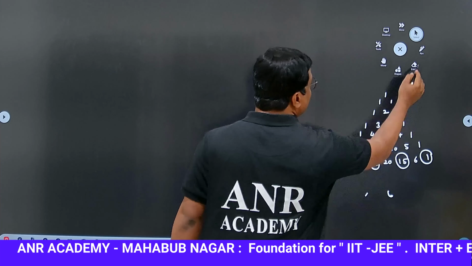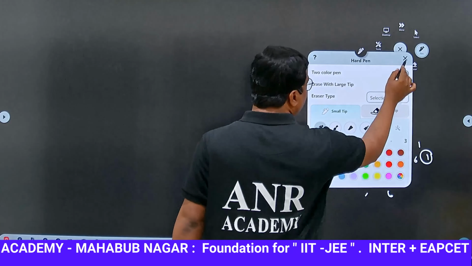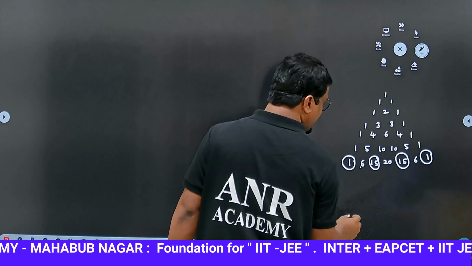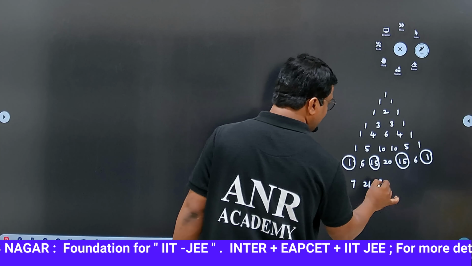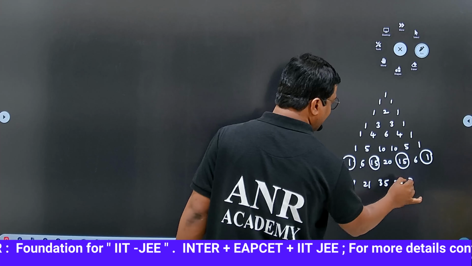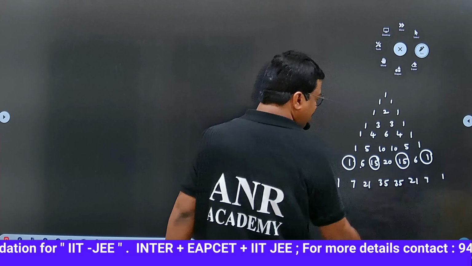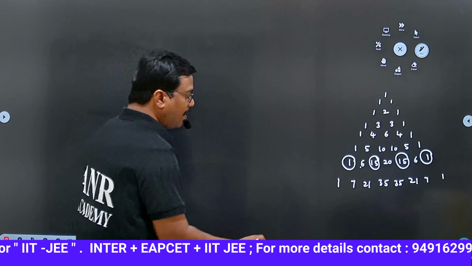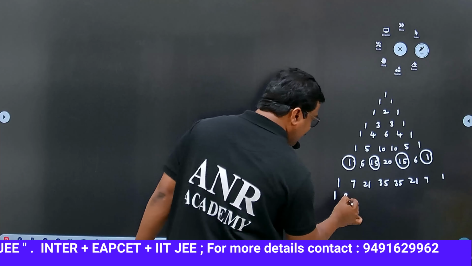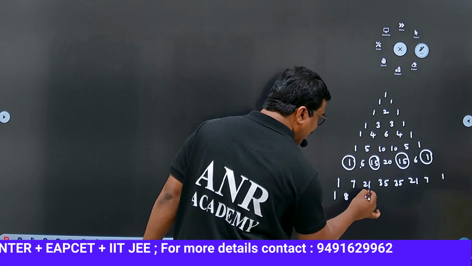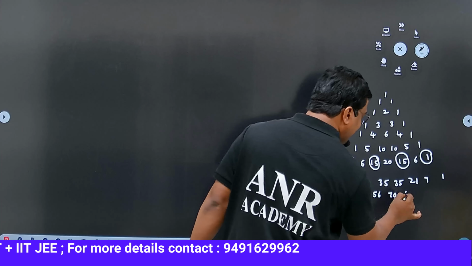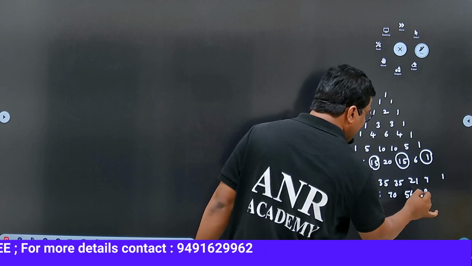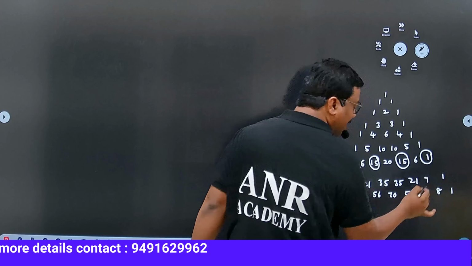I am extending the Pascal triangle: 1, 7, 21, 35, and then 35, 21, 7, 1. Next, 1, 8, 28, 56, 70, 56, 28, 8, 1.